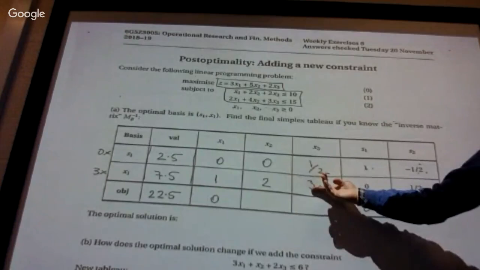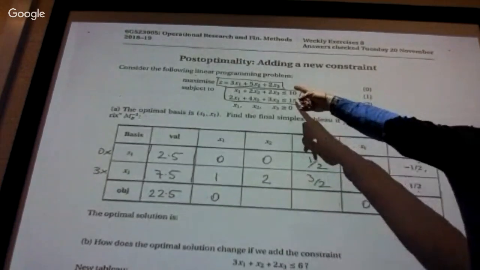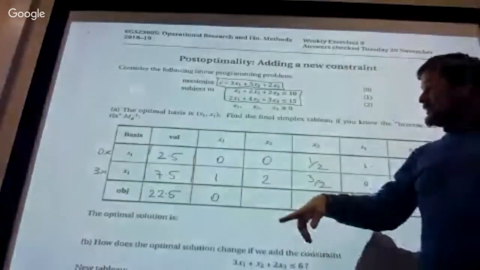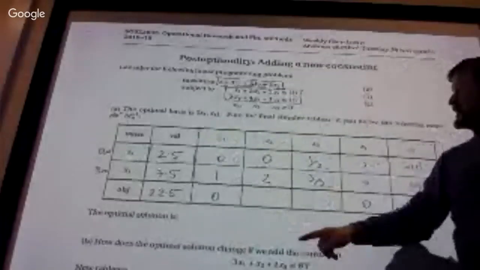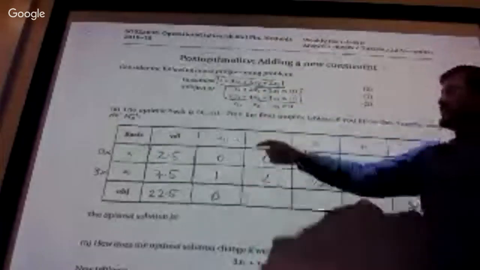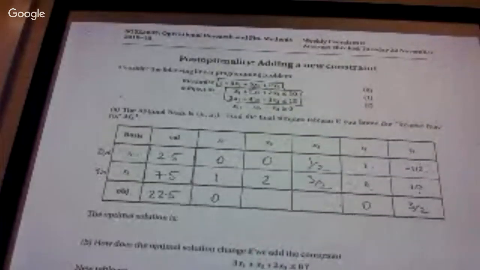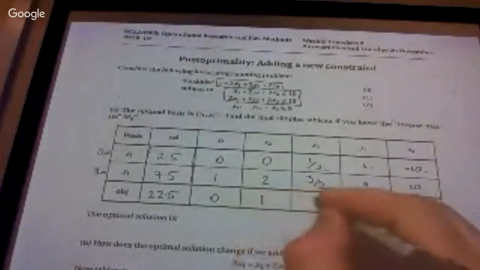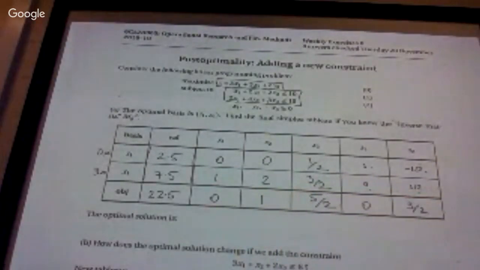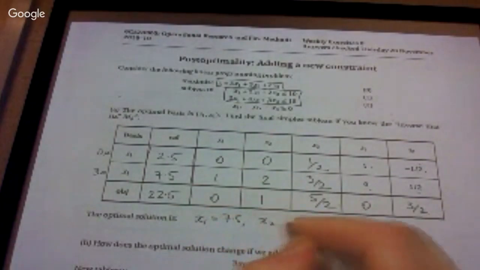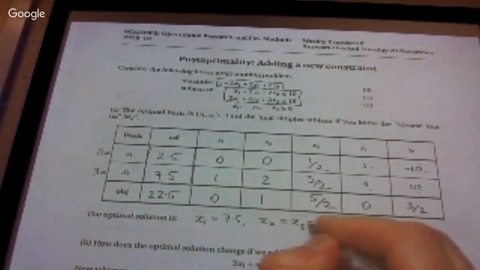So you will get 3 times 1 minus 3, 3 times 2 minus 5, and 3 times 3 over 2 minus 2. And that gives you the answer: 1 and 5 over 2. The optimal solution is x1 is 7.5 and x2 and x3 are 0, and the objective is 22.5.